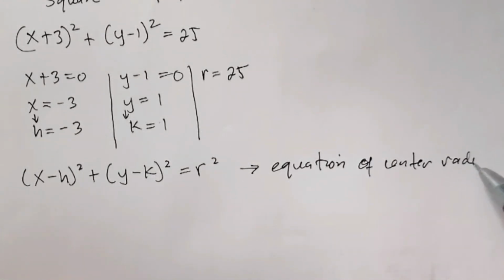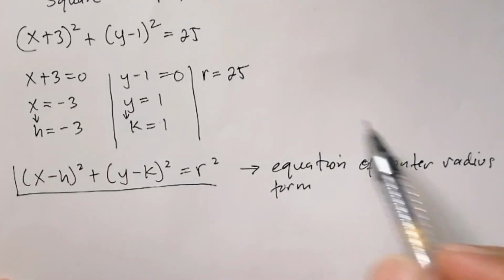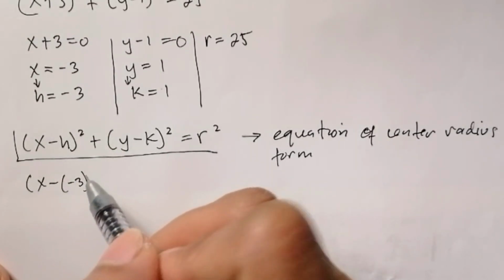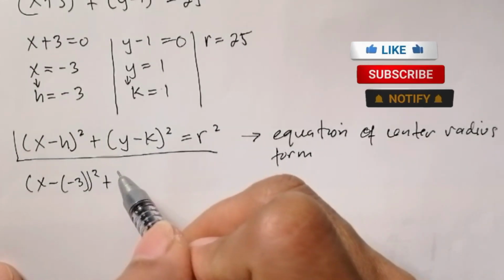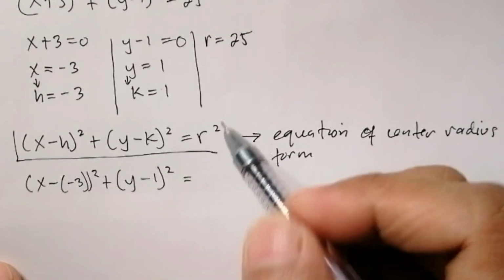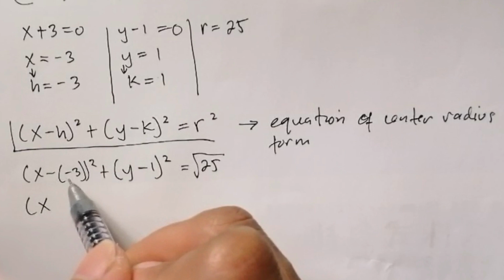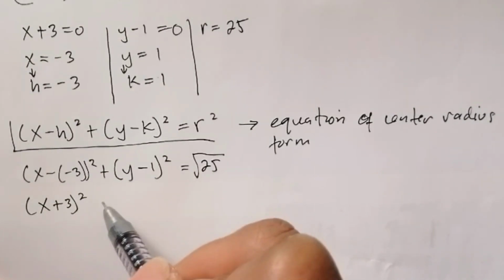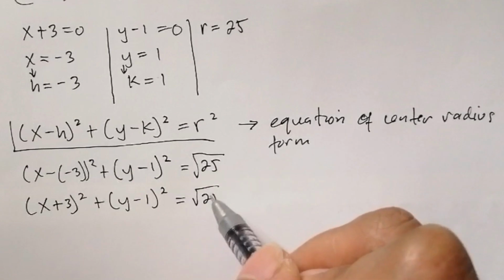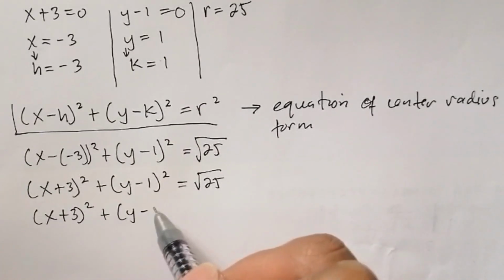Then simplify. Bracket x plus 3 bracket square plus bracket y minus 1 bracket square is equal to 5.